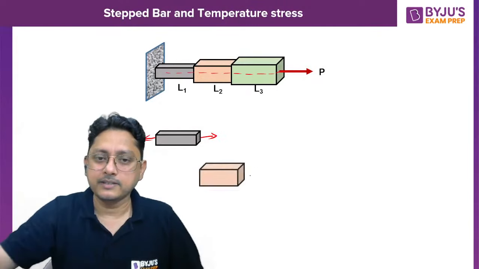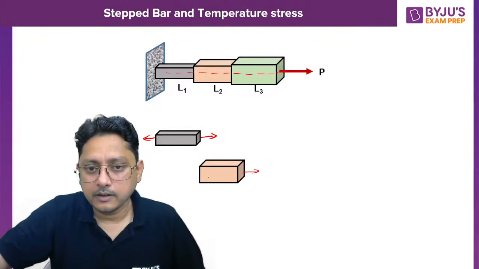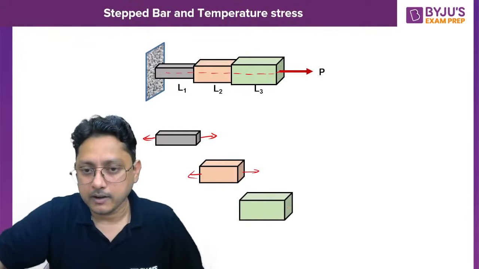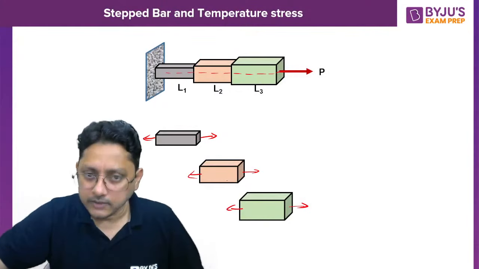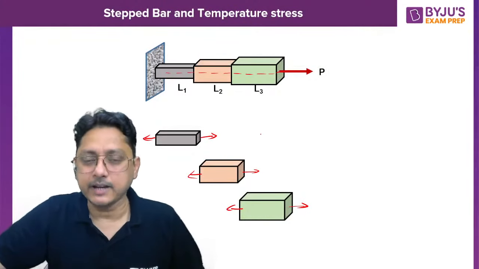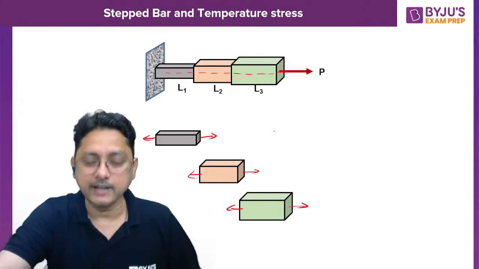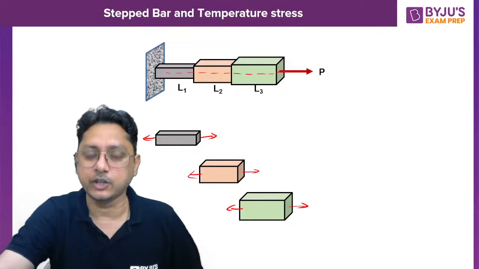Similarly, you can apply the same force to the next bar. So draw the free body diagram, apply the individual force acting on each bar, then calculate the individual deformation. At this particular moment you can see that the area is varying.